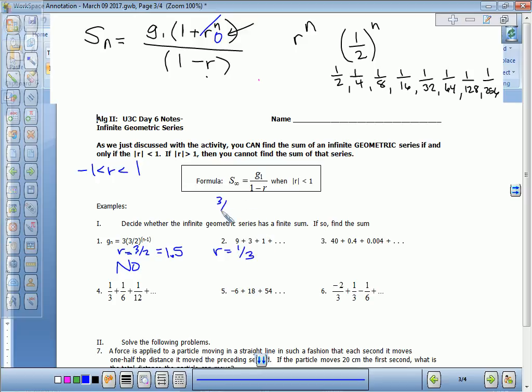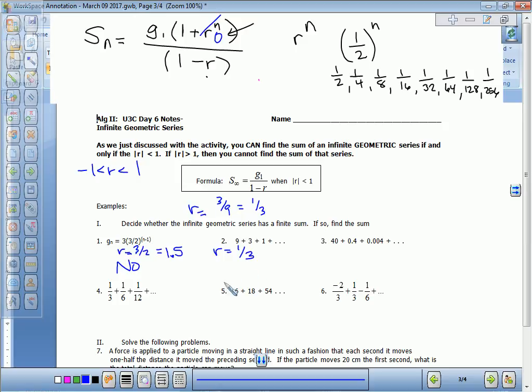So, 3 divided by 9 is 1/3. Or I could take this one. 1 divided by 3 is 1/3. That will give you the ratio.